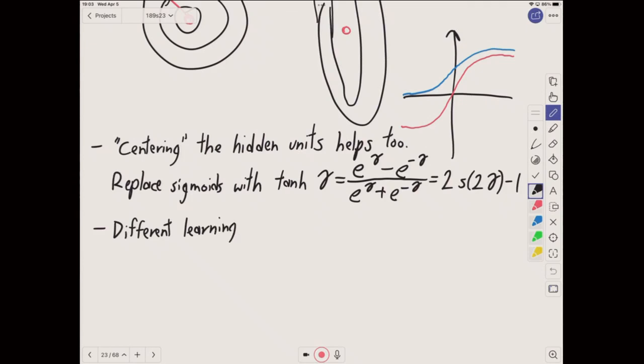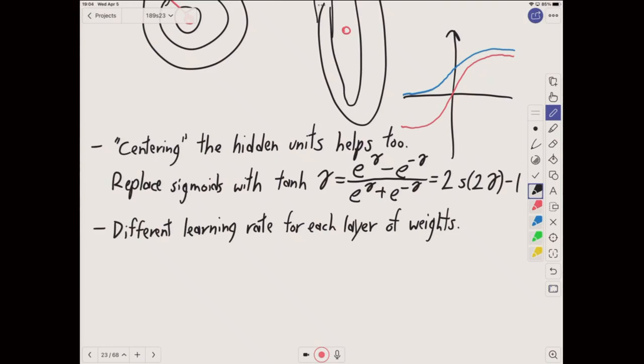Another thing that people apply sometimes is the idea of using different learning rates for different layers of weights. And this idea is based on the observation that one of the properties of backpropagation with sigmoid units is that as you backprop the partial derivatives through your network, you find that at every layer of the network, the derivatives seem to be getting smaller and smaller.